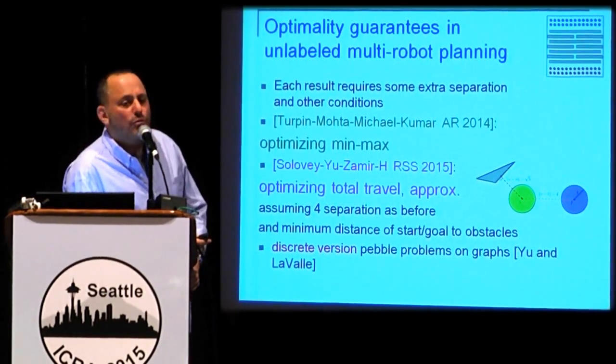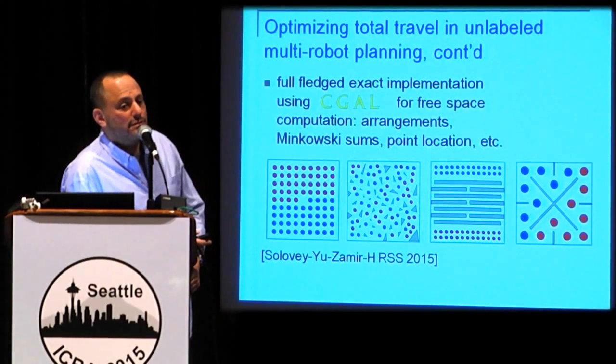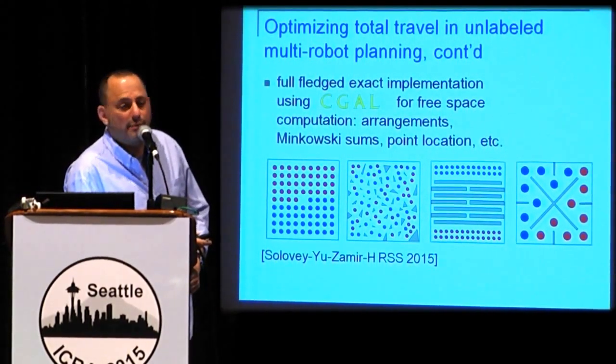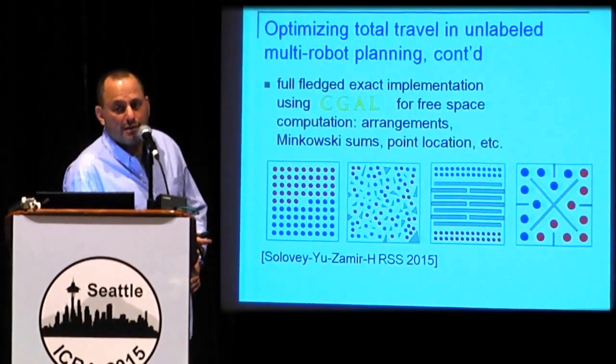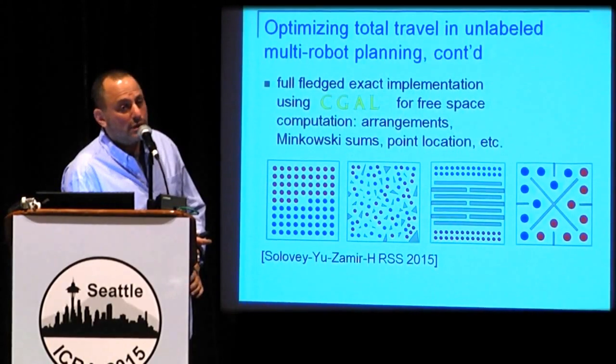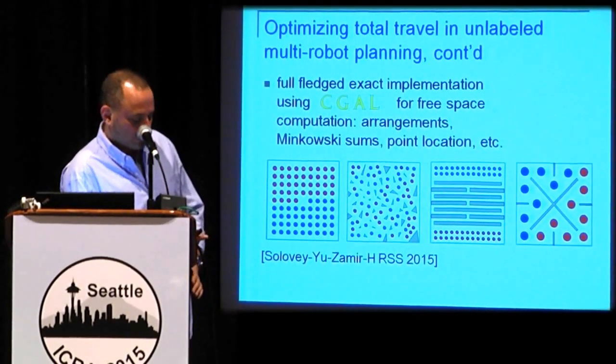I want to say a few words about our optimization result. The algorithm is implemented in an exact manner. It uses the Computational Geometry Algorithms Library, and with the tools available there, it was rather easy to give a deterministic exact solution.